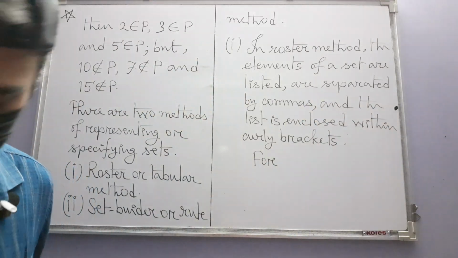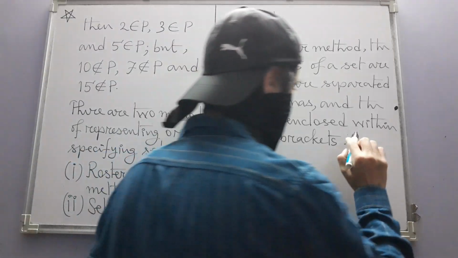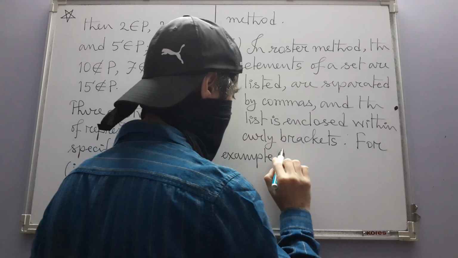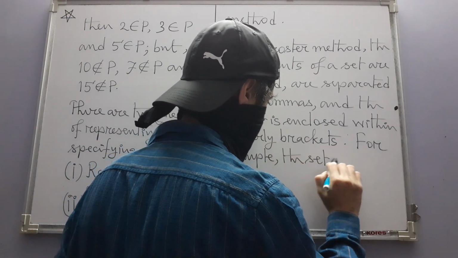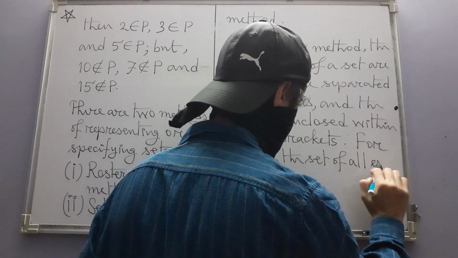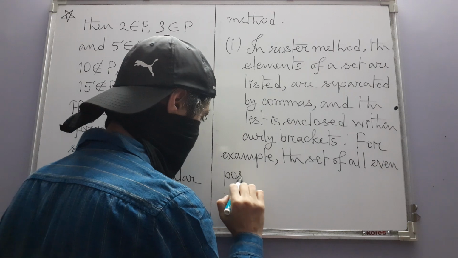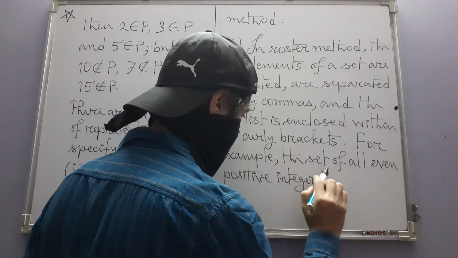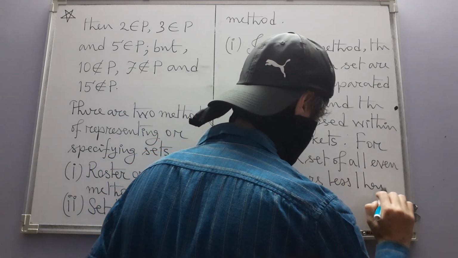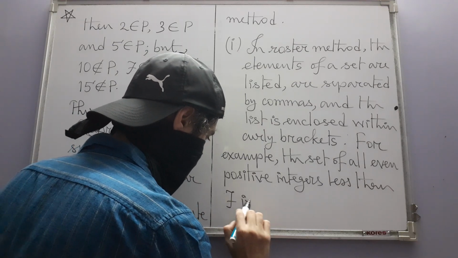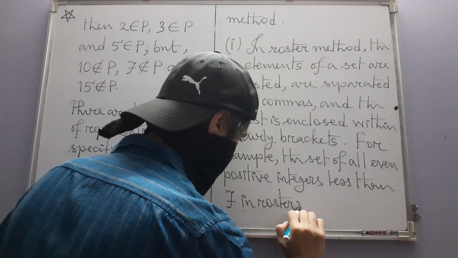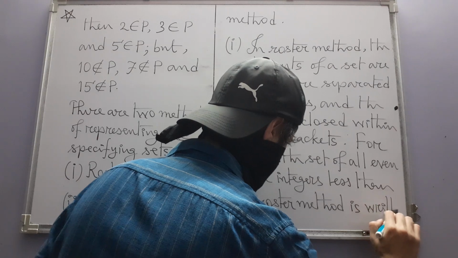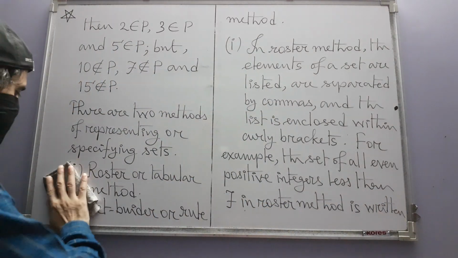For example, the set of all even positive integers or even natural numbers, same thing, less than 7 in roster method is written as this.